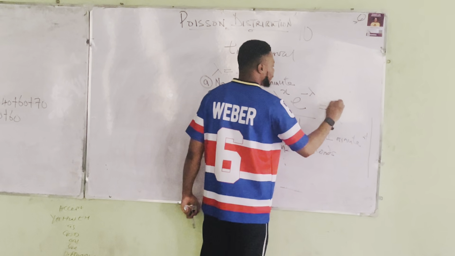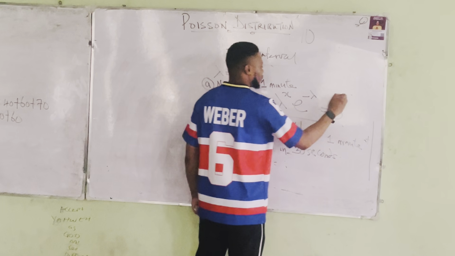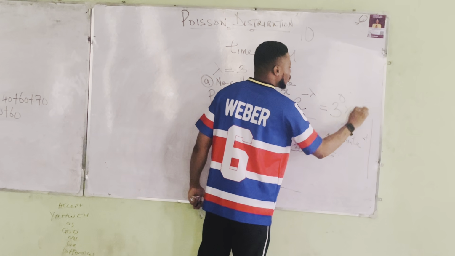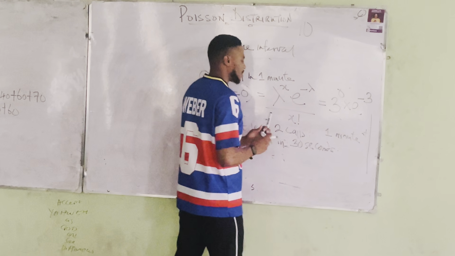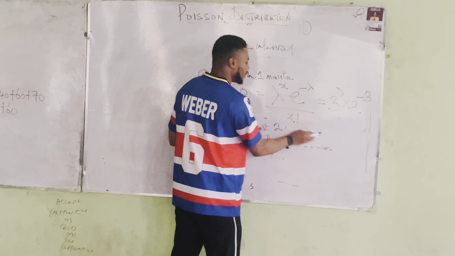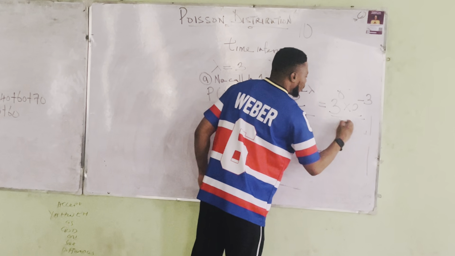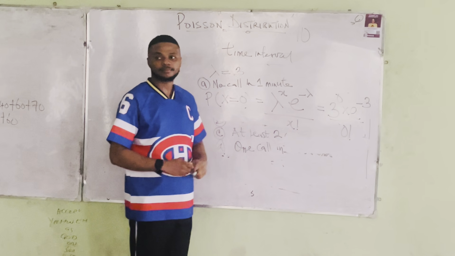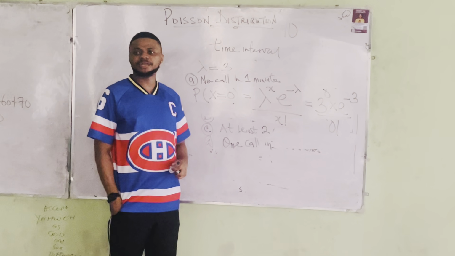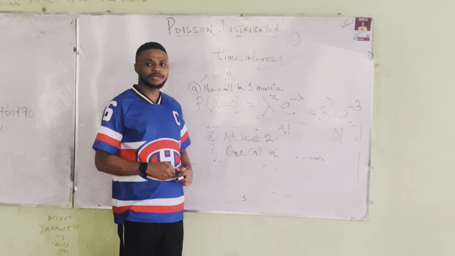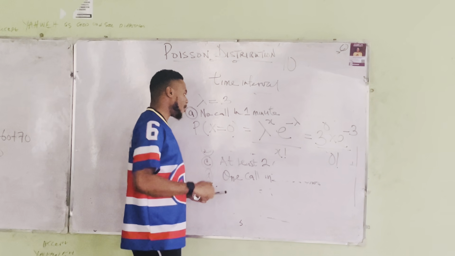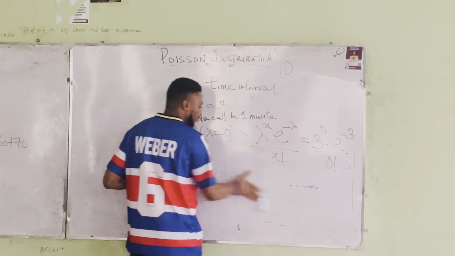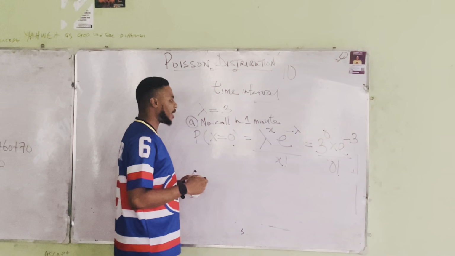Lambda is 3, x is 0, times e raised to the power of minus 3, divided by 0 factorial. We are just substituting our parameters into the formula. As I'm talking, you're solving with your calculator quickly, so we can be proactive.